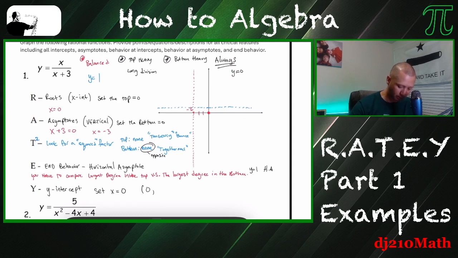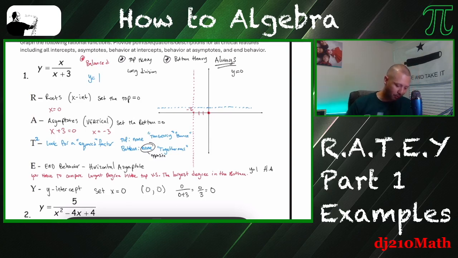When x is 0, what is y? Well, in this case, this is going to be 0 over 0 plus 3, which is basically 0 over 3. And 0 over anything other than 0 is 0. So in this case, (0, 0) is the y-intercept.